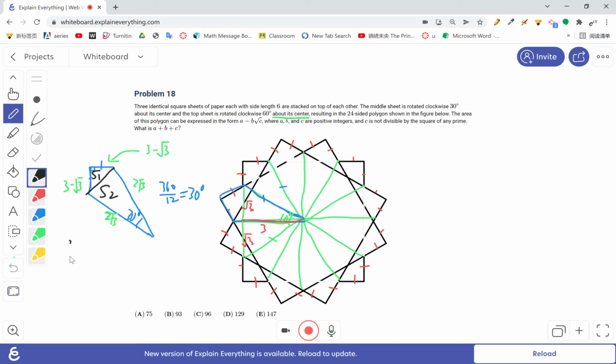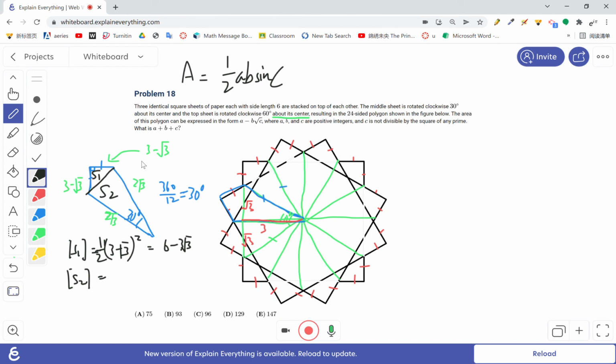Then the area of S1 is just equal to (3 minus root 3) squared over 2, which is indeed equal to 6 minus 3 square root of 3. Or S2 is equal to, we can use the formula 1/2 AB sine C, and that's the area.